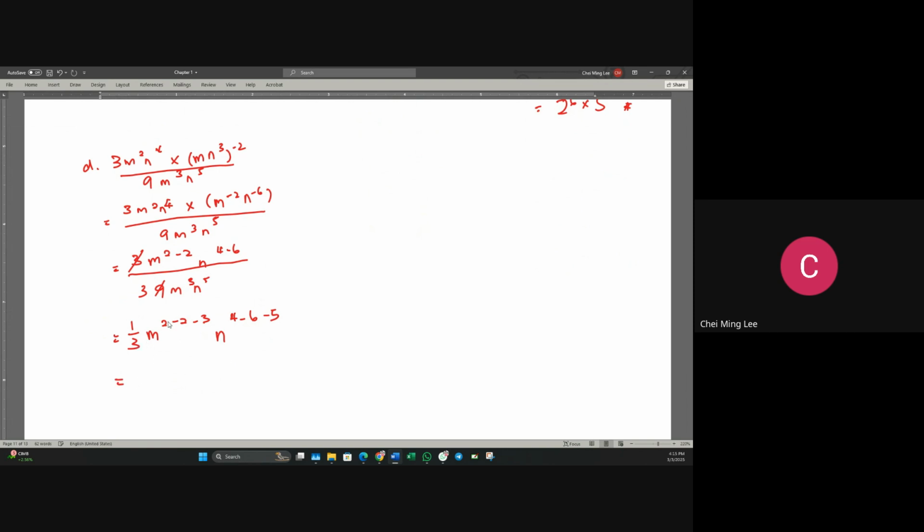So your answer for this one should be m to the power of negative 3. So 1 over negative 3, we put m to the power of 3 at the bottom. 4 minus 6 will be negative 2, minus 5, negative 7. So it's n to the power of 7. Okay.